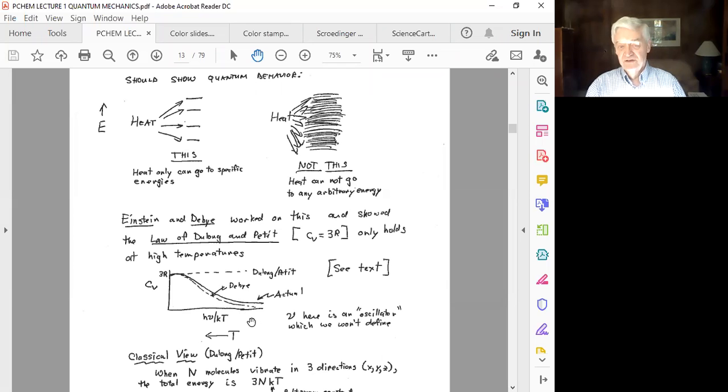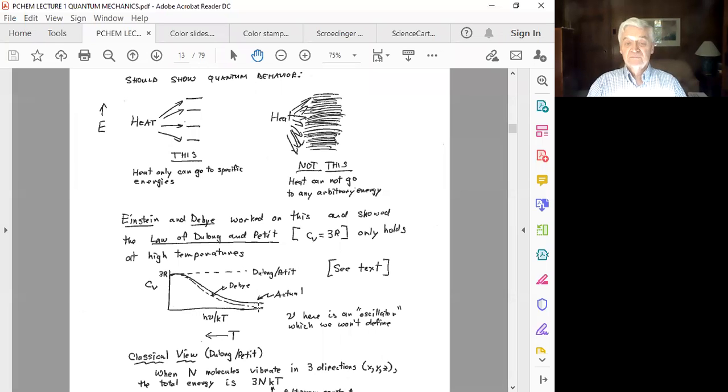So here we have temperature. Why I paused there, I was confused by seeing the T in a funny direction. Temperature here is increasing to the left. So if you go to real low temperature, the law of Dulong and Petit fails, and you see that the heat capacity actually drops quite a bit lower than just the 3R value that you would normally have.